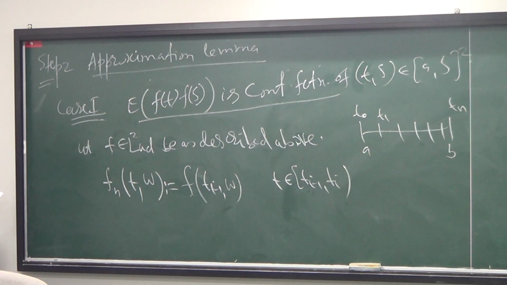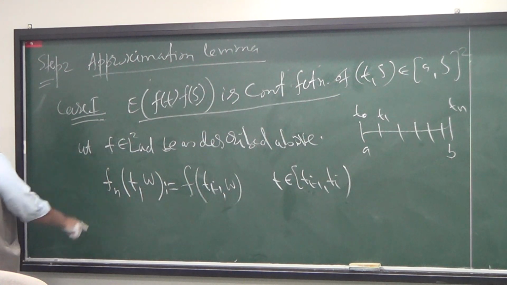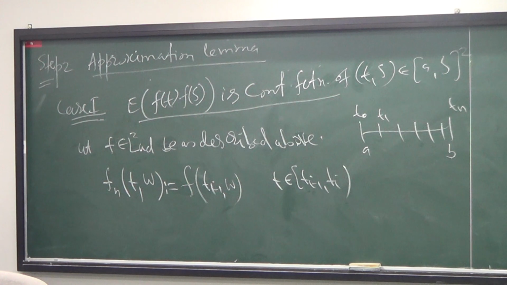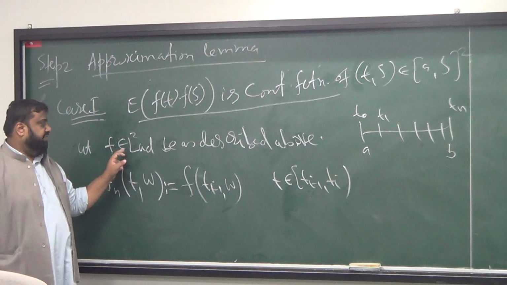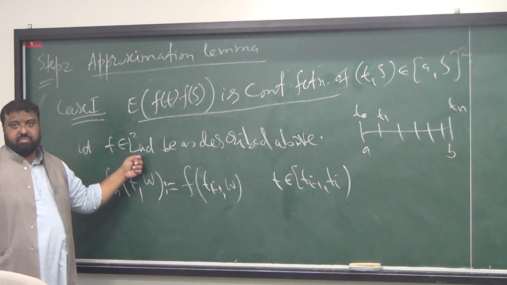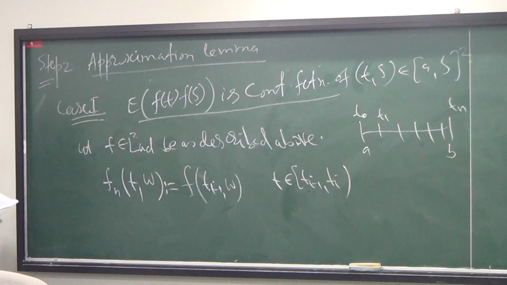Question: is this map adapted? It should be, because it's defined in terms of f, and f is from L2AD, so it must be adapted. Its adaptedness is not a problem. The real thing is to prove the approximation.